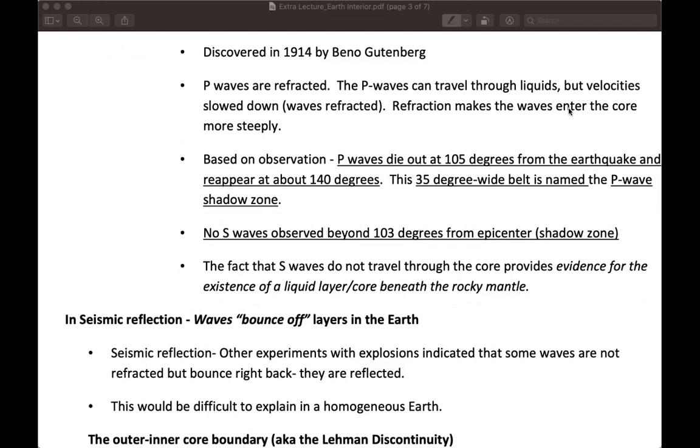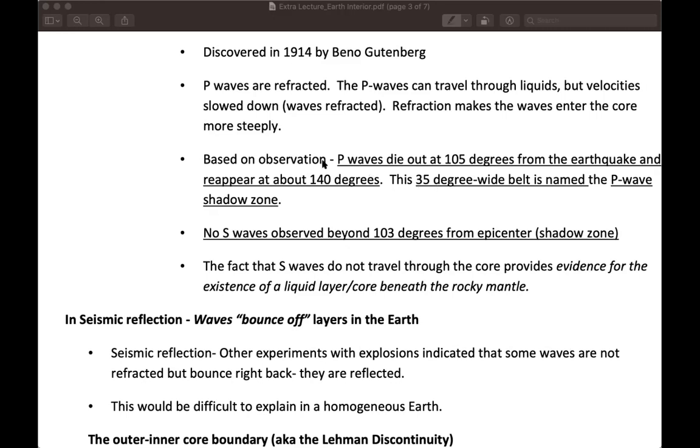Because the core is denser than the mantle, because the core is composed of iron and nickel, so it is more dense than the silicate materials in the mantle. So therefore, P waves get bent very much.